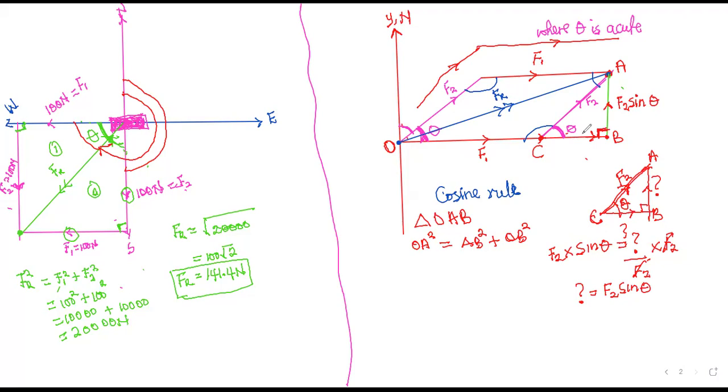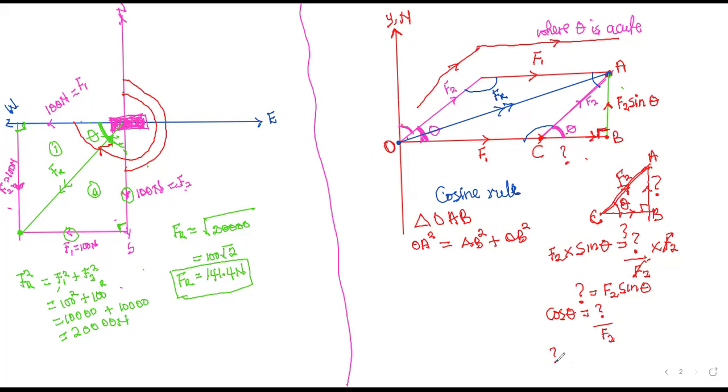Then the horizontal component, which is the adjacent. If I'm looking for the adjacent, which is this part, which is also unknown, the adjacent can be obtained using cosine. So if I take cos of the angle theta, cos theta equals the adjacent, which is unknown, divided by the hypotenuse F2.